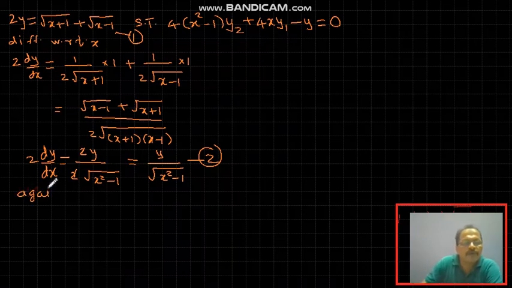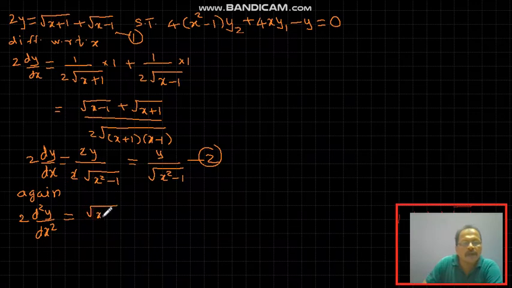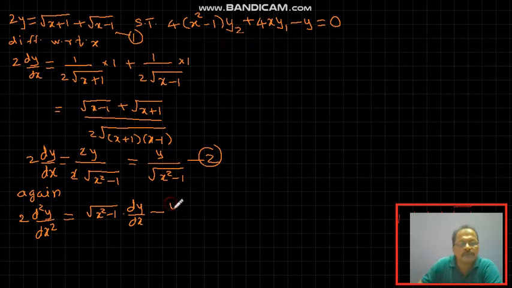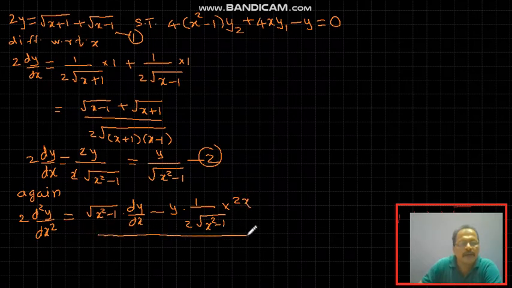Again differentiating with respect to x, we get 2 into d2y by dx square is equal to, using u upon v rule, under root x square minus 1 into derivative of u, that is dy by dx, minus u dv by dx, that is y into derivative of under root, it is 1 upon 2 under root x square minus 1 into derivative of x square minus 1 is 2x, completely divided by bracket square, that is under root x square minus 1 bracket square.